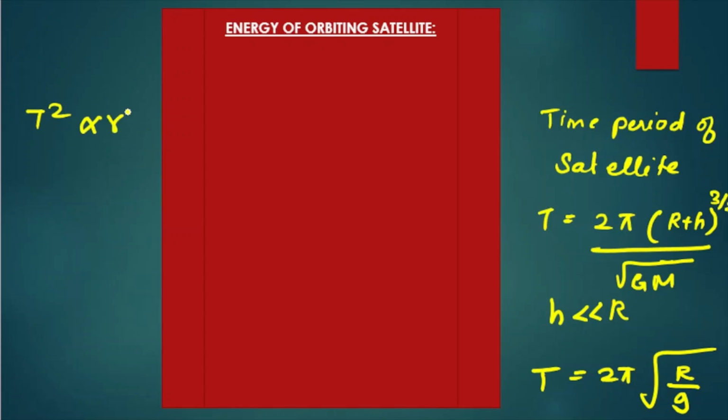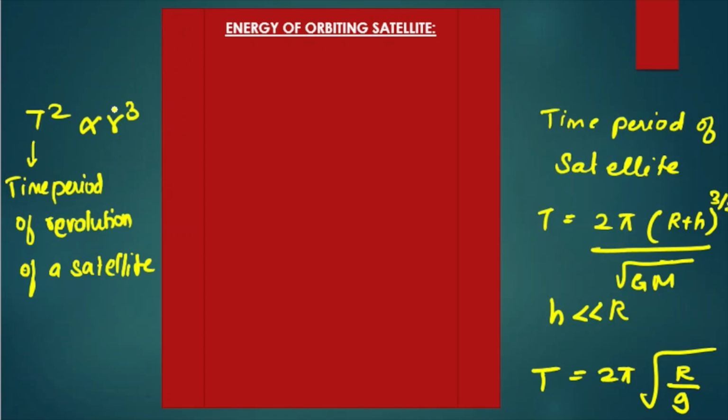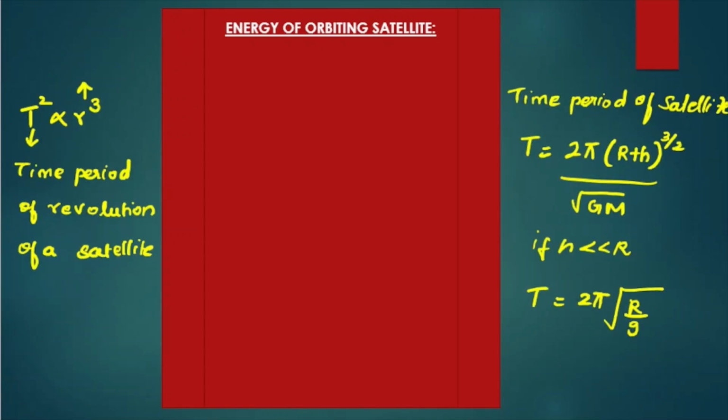Now just see another formula we have for the time period. That is, T square is directly proportional to R cube. T stands for the time period of revolution of the satellite, and R is the radius of the orbit.